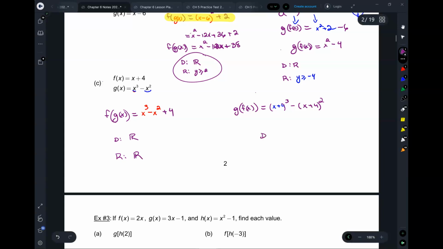Here, domain, again, all real numbers. Why? Because all we have are variables raised to integer exponents. Now, when we multiply these out, eventually we're going to get x cubed. Cubic function. So we're still going to get a range of all real numbers.